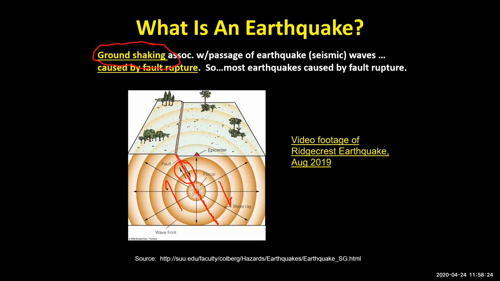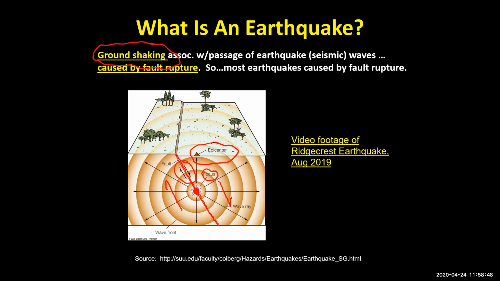The point on the fault plane where the earthquake originates is called the focus. That's right here. That's where the fault first begins to rupture. And then the point on the ground surface directly above the focus is called the earthquake epicenter. If we're making a map of earthquake locations, it's essentially an epicenter map.